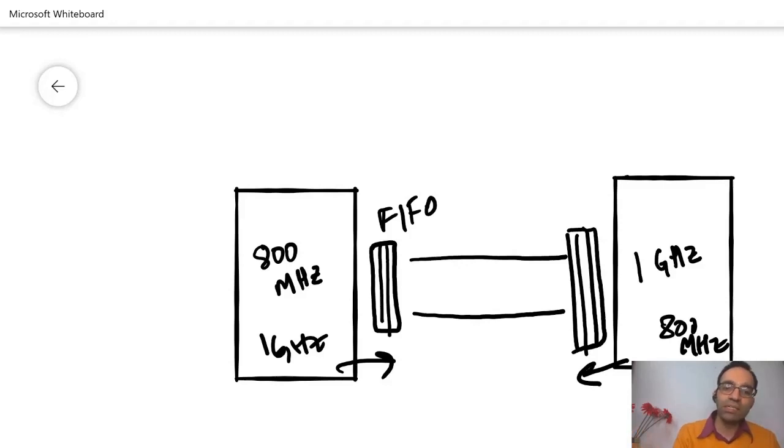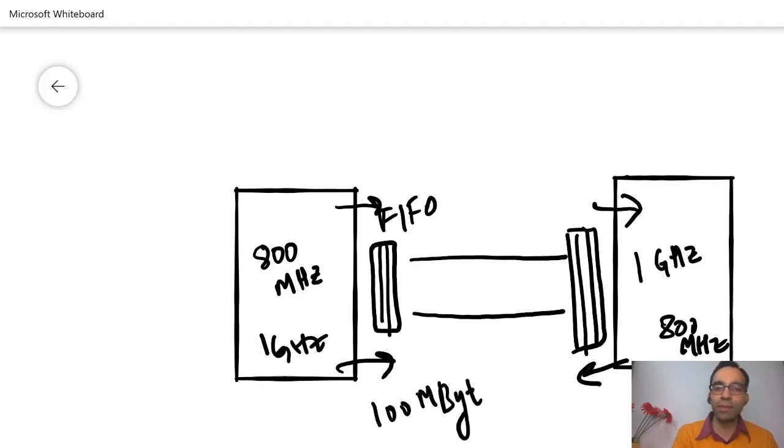So you consider this probability factor, and then you say, okay, if this is the kind of data that I have to send from this port to that port, then since I'm transmitting at 1 gigahertz and an activity factor of 0.1, let us say, I will have 100 megabytes of data to be sent per second.